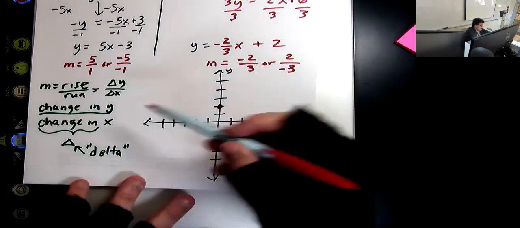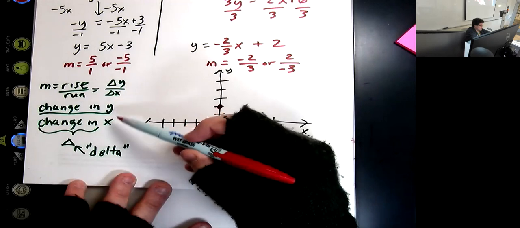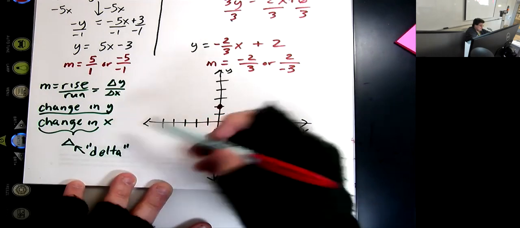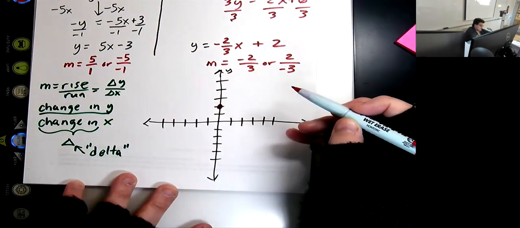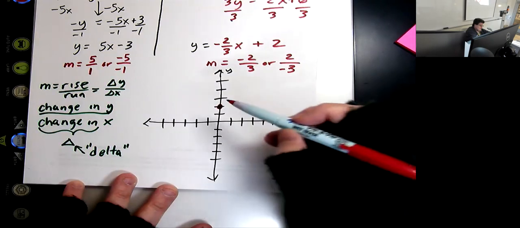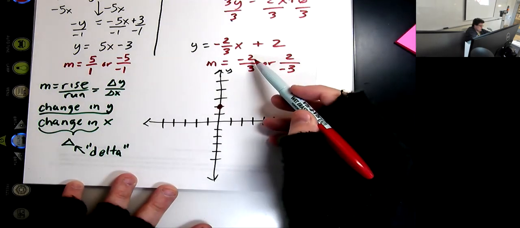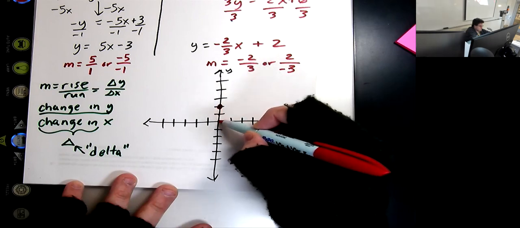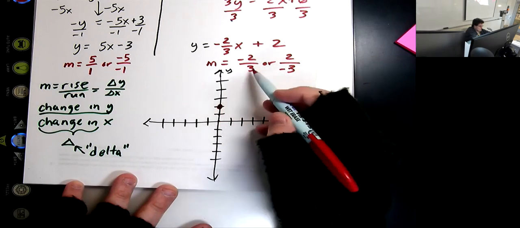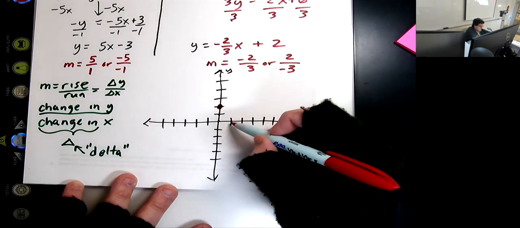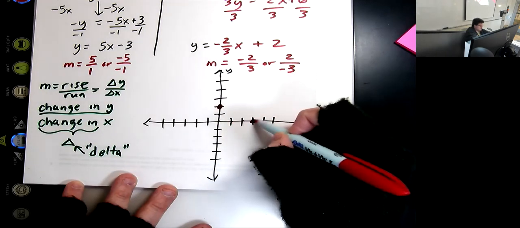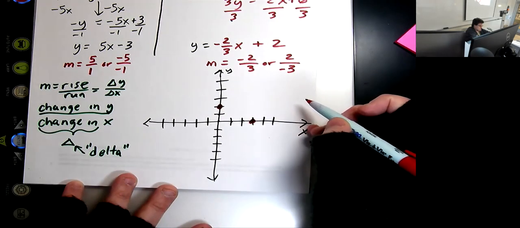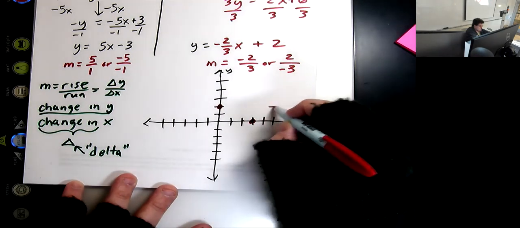And then we're going to treat this as a change in y over a change in x. If I go a change in y that is negative 2, that means my y value's got to go down 2, and then my x value's got to go up 3. So this would be following the negative 2, 3.